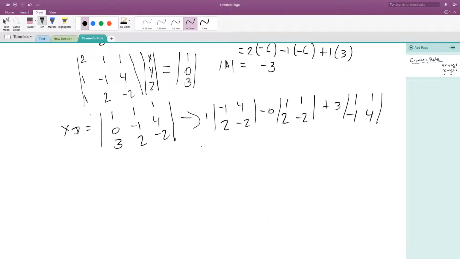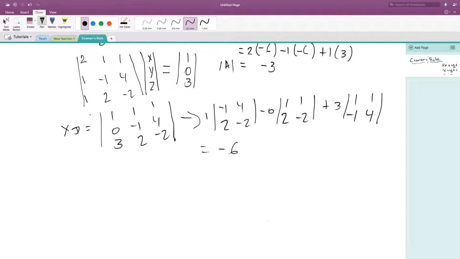If we do this, we have -1 times -2 is 2, 2 times 4 is 8, 2 minus 8 becomes -6, so I'm going to have -6 here. Because this is a 0, whatever comes out of here will be 0, so I don't need to worry about that.